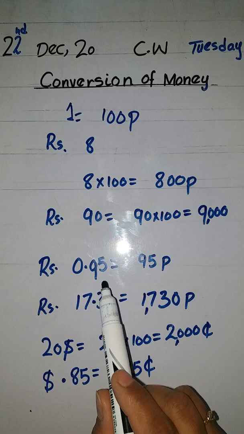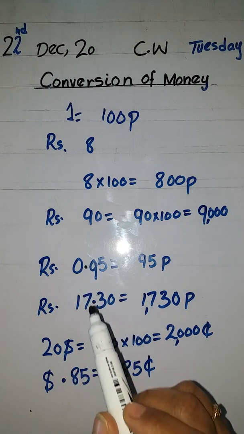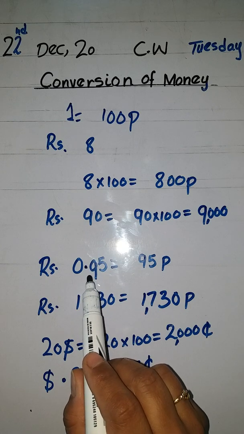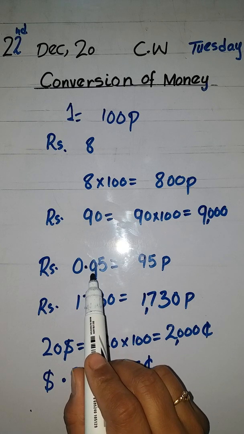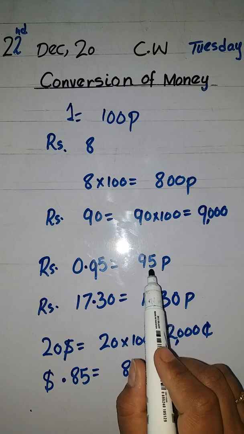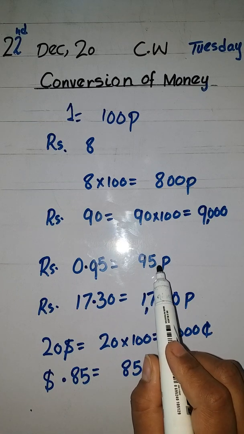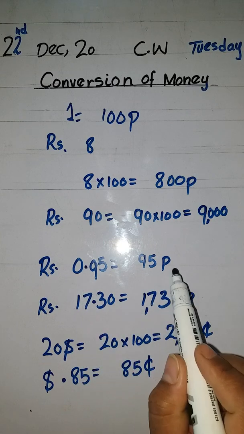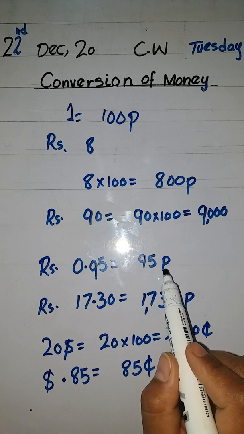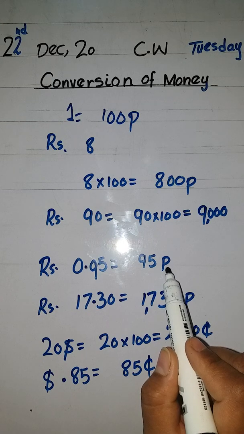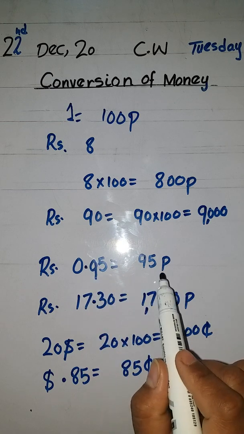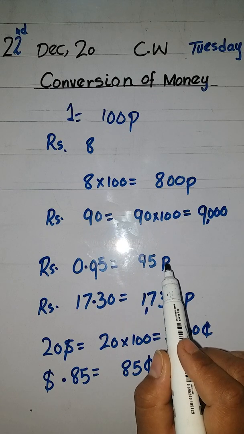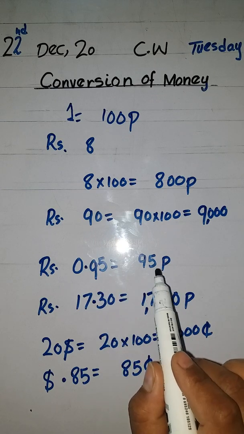Next, Rs 0.95. Here you have 0.95. When we have a point, what you have to do when you multiply 95 with 100? The short way is to remove the point and place P. Remove the point and put the P. If you want to multiply, you can multiply, you will get 95.